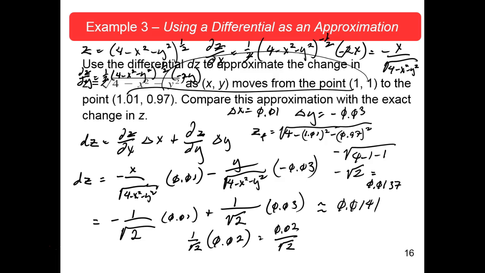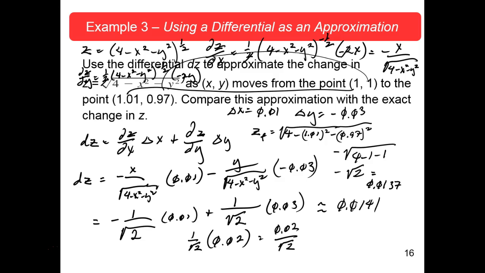Okay, not too far off. It's 3 zeros and a 4. So pretty reasonable. Okay? Got it.